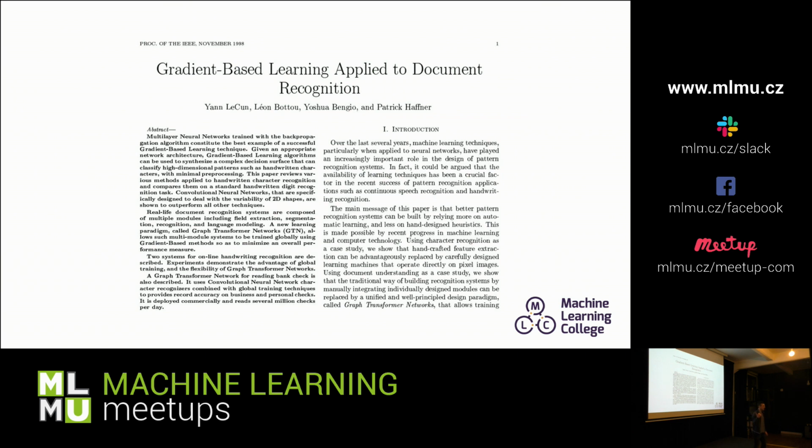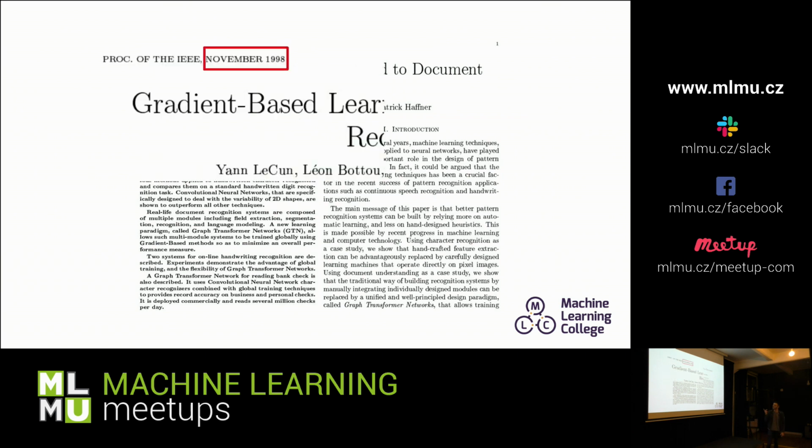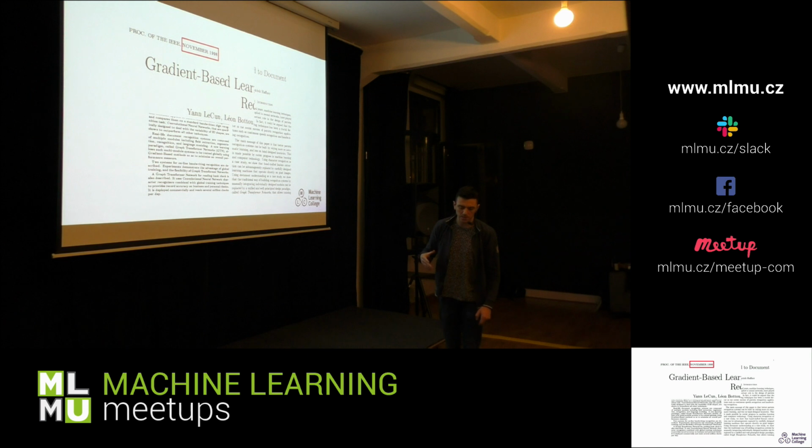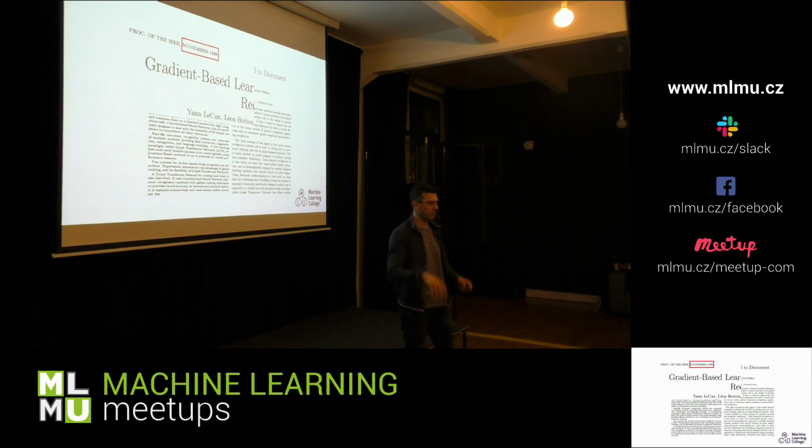And Yann was working back in 1998 on an idea of how to process the numbers from registration plates, and he brought the idea of convolutional neural networks.